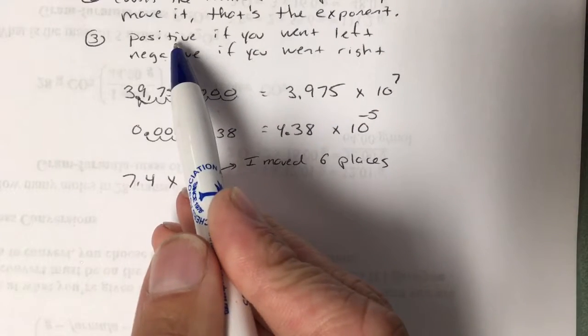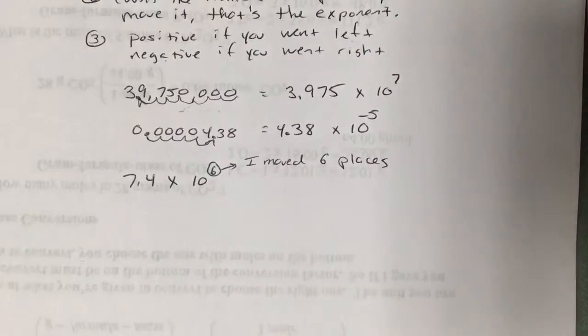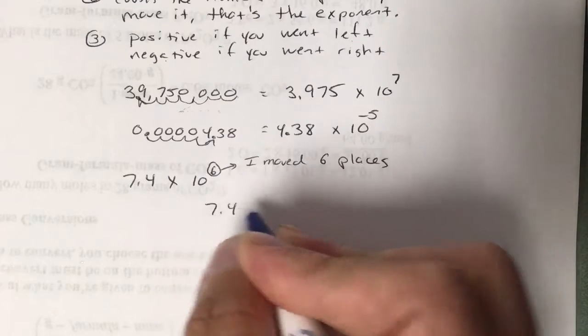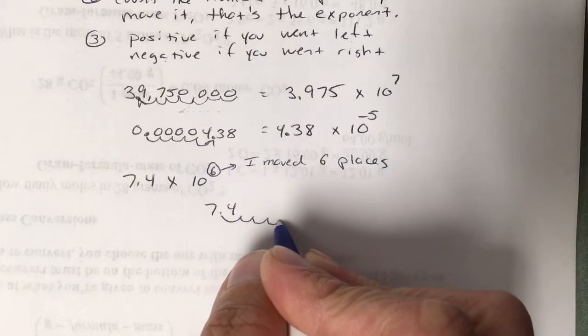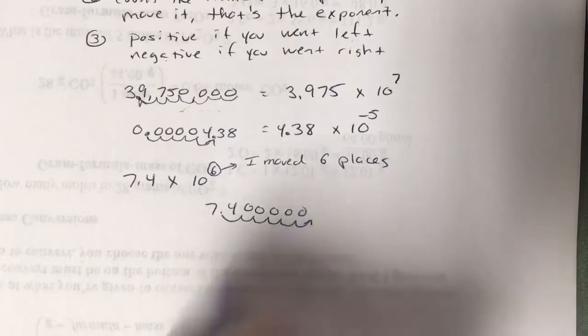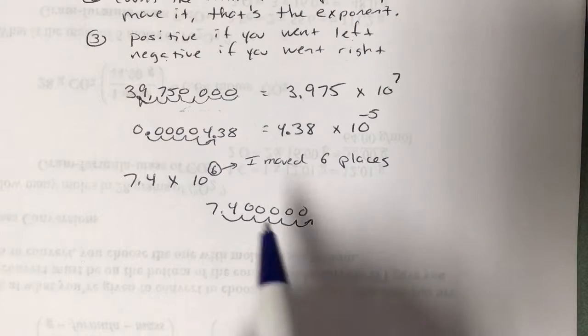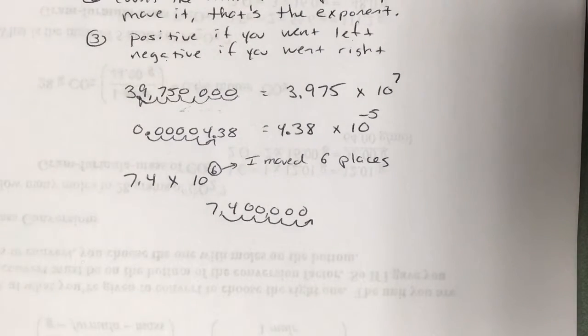And because it's positive, I moved 6 places to the left. So I have to undo that now by going back 6 places to the right. So there's my number, 1, 2, 3, 4, 5, 6. So I move it back over to the right 6 places, and I get the number 7,400,000.